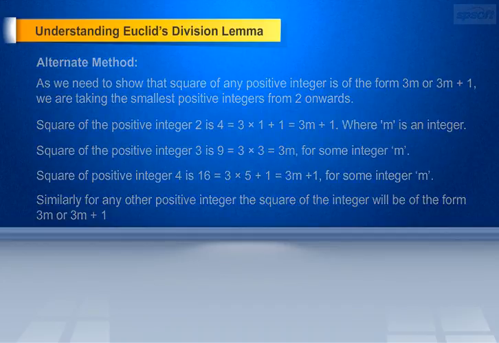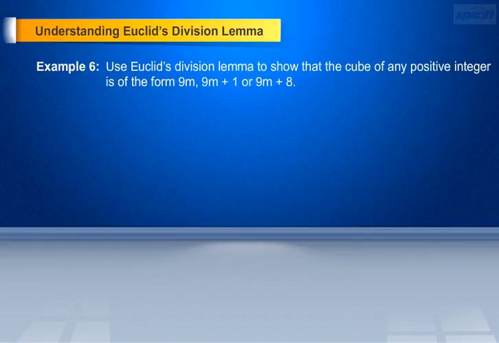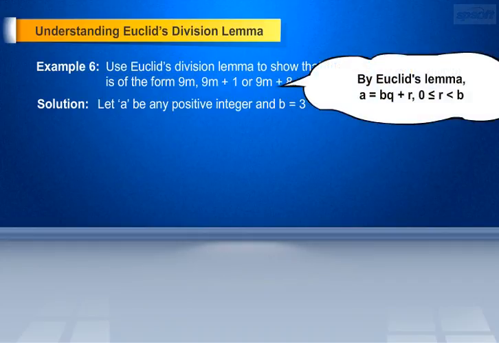Example 6. Use Euclid's division lemma to show that the cube of any positive integer is of the form 9m, 9m plus 1 or 9m plus 8. Solution. Let a be any positive integer, and b equals 3, as 9m, 9m plus 1, or 9m plus 8 is of the form bq plus r, by Euclid's lemma.